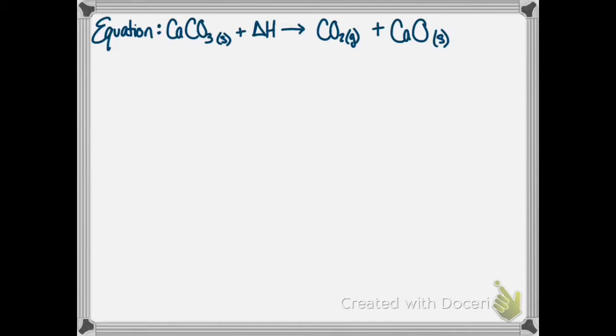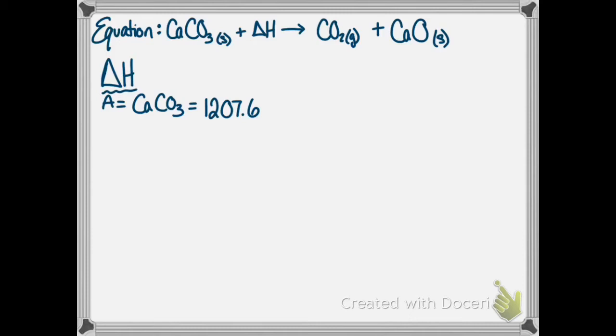Once we know that, we're going to solve for our delta H variable. We know that what's absorbed is our calcium carbonate, the only reactant, and when we look up at our table, we find that value of 1,207.6 kilojoules per mole.